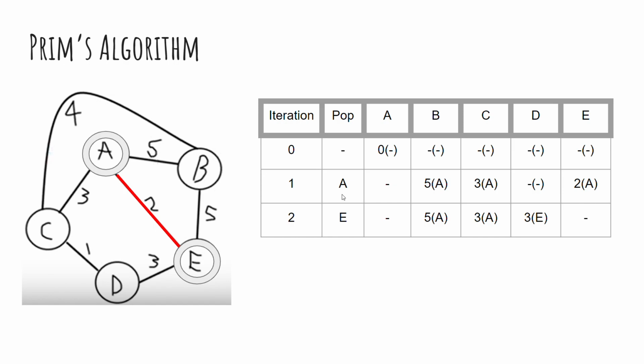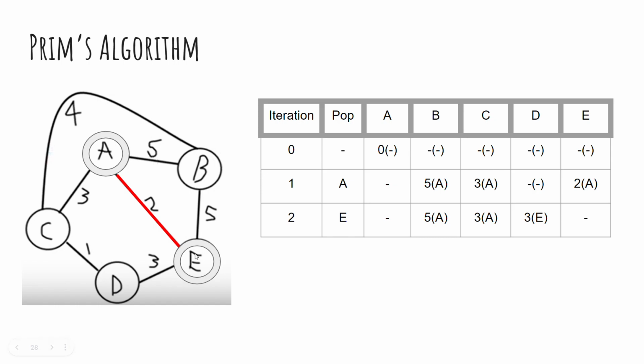And so we pop the vertex E, and now we see that there's an edge from E to B, which is again of length 5, but we won't change the original distance of 5 because we already have a similar edge, so there's no use of doing that. And then we also find that there is an edge from E to D of edge weight 3.